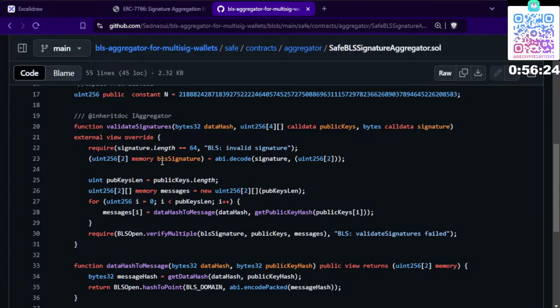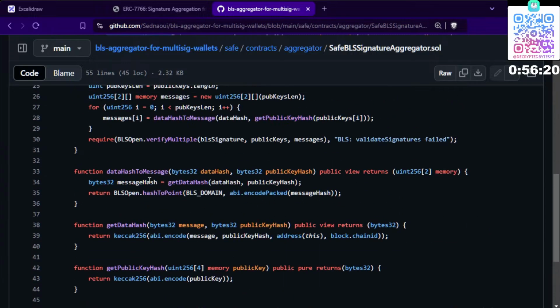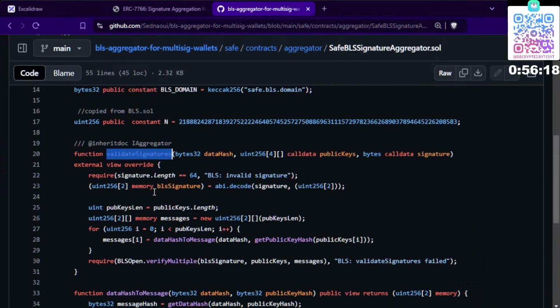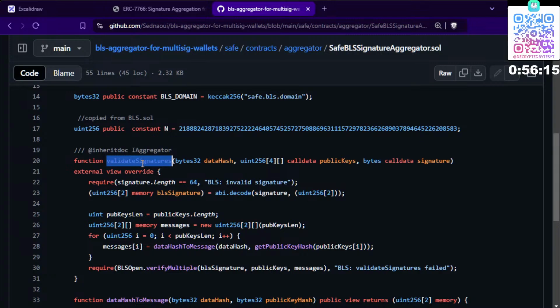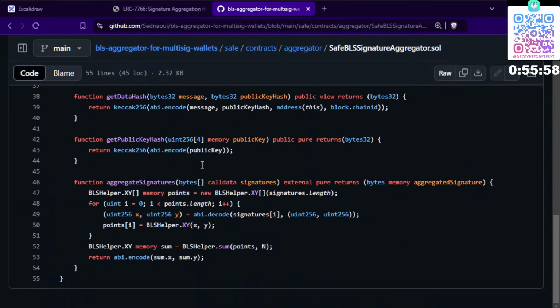This guy had these two functions, validate signature and aggregate signature.